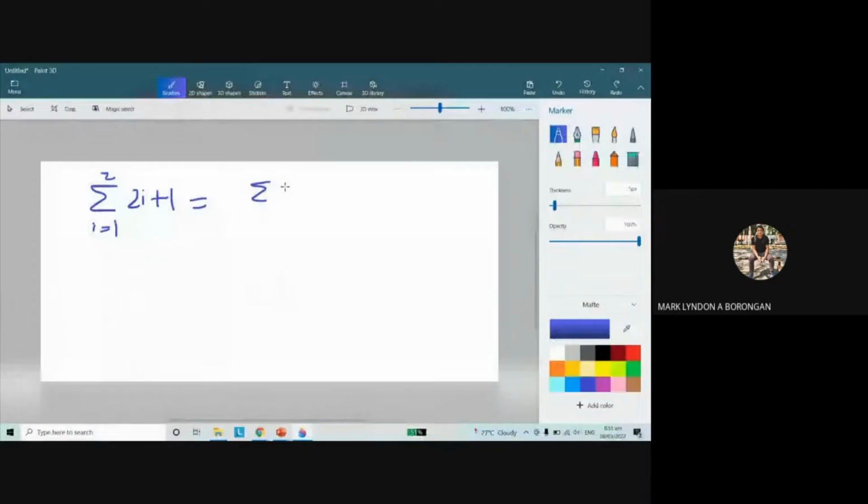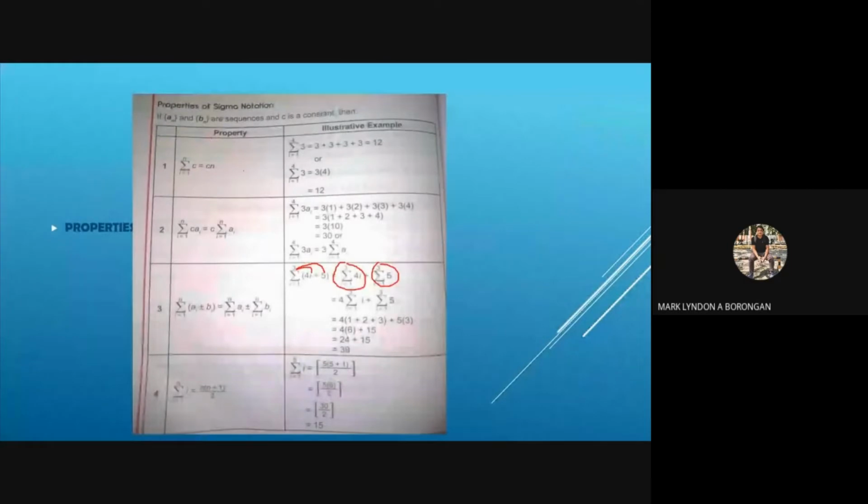So that will be the summation of 2i from 1 up to 2 plus the summation of 1 from 1 up to 2. That's all there is to it. Now, for the second term, it's a constant, so we apply property 1.